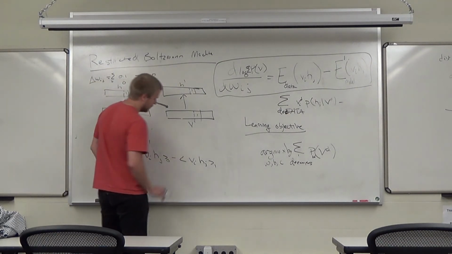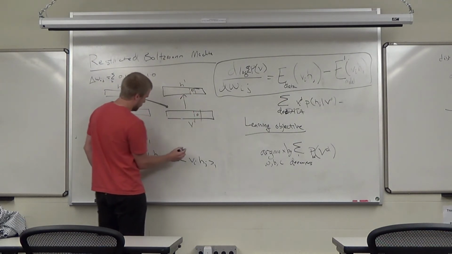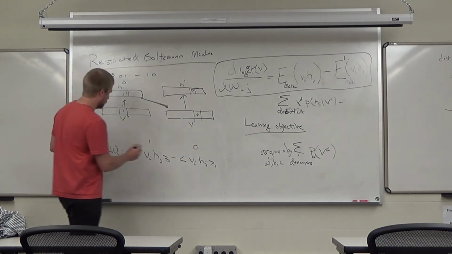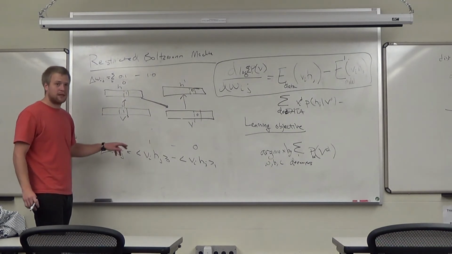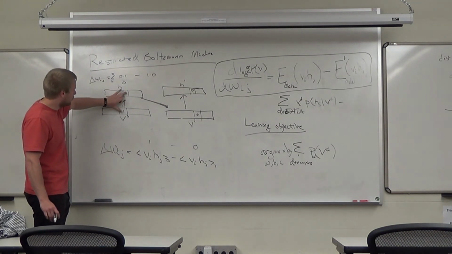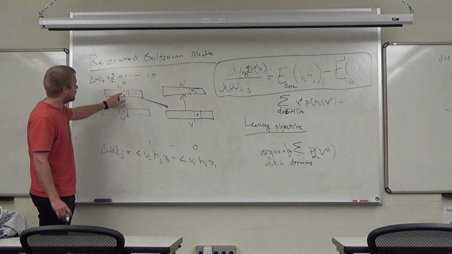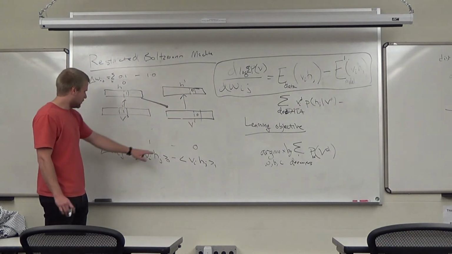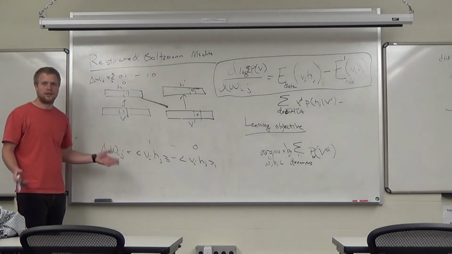Now, if this ended up being 0 here or 0 here, then this would be 0. And then we'd get a positive change. And that makes sense because we wanted this connection to be very strong because they're both active at the same time. But it wasn't strong enough, obviously, because it didn't reconstruct this as a 1. So it being positive makes sense for what we wanted to do. Does that make sense?